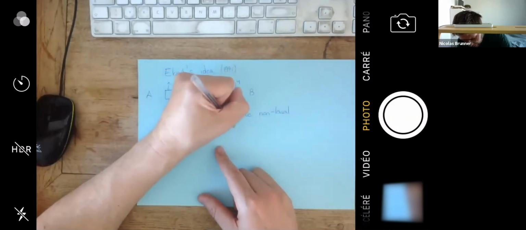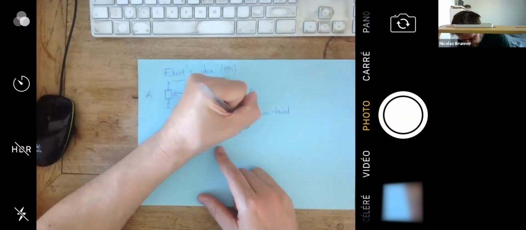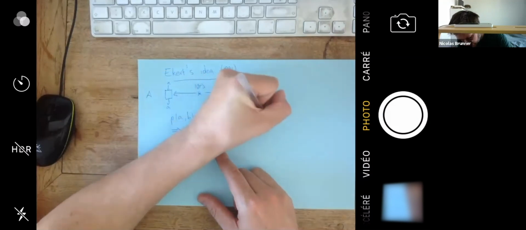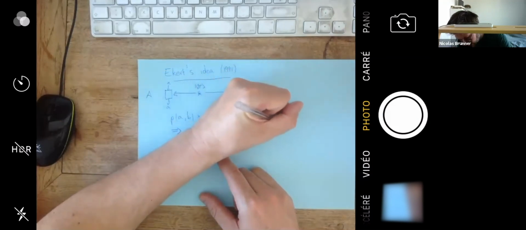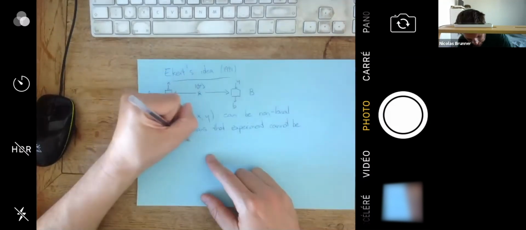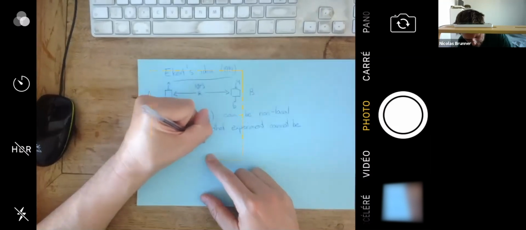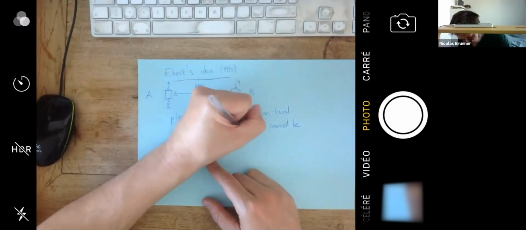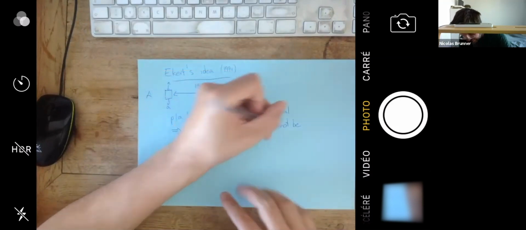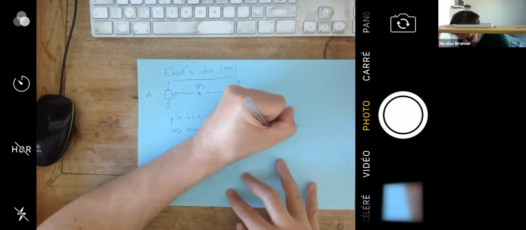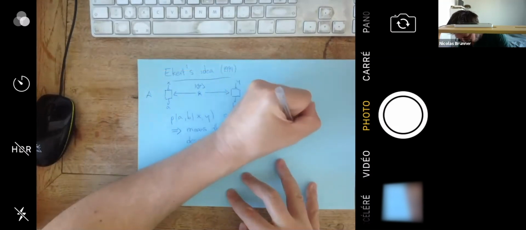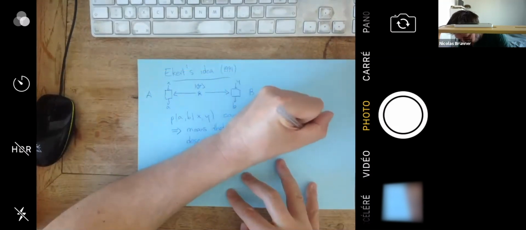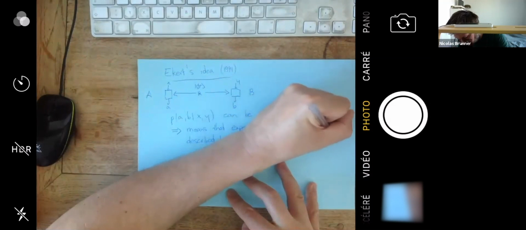the experiment cannot be described by a local, sometimes we say hidden variable, model.